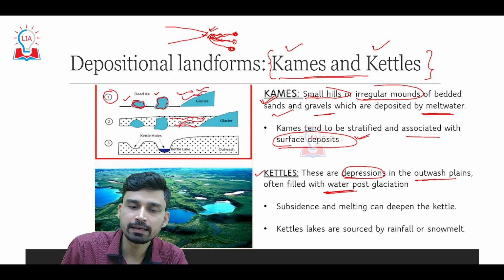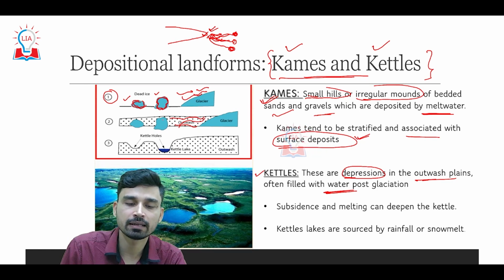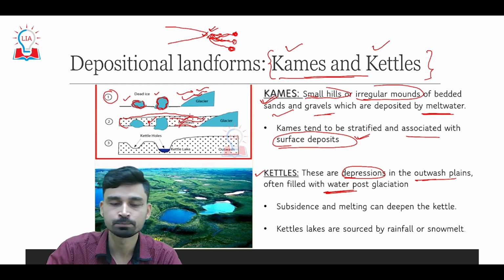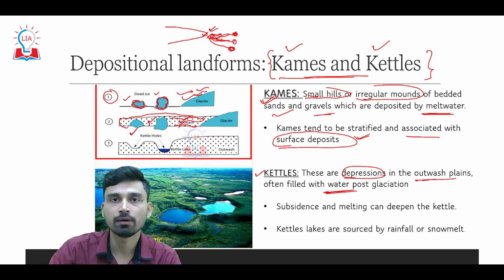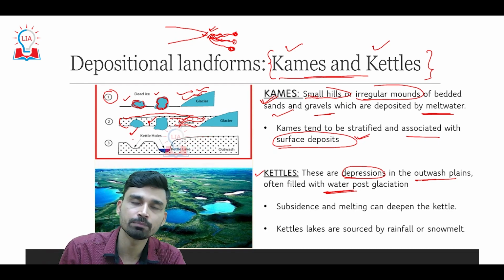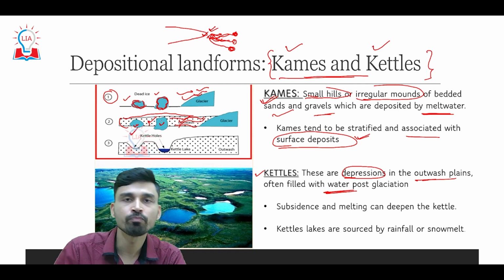So this entire dead ice block that has remained here and there will get surrounded by this huge accumulation of sediment. Now gradually, this ice block cannot remain in a solid state because temperature is increasing, temperature is higher here. So gradually this ice block starts to melt.